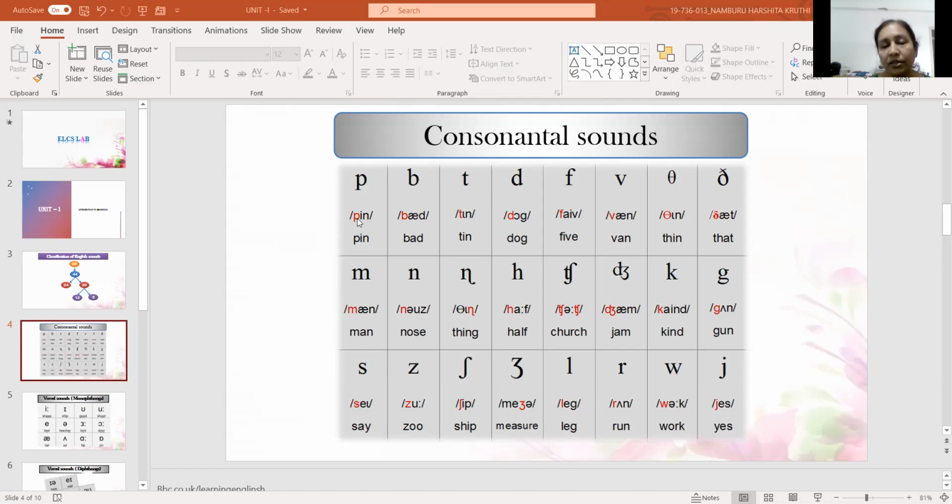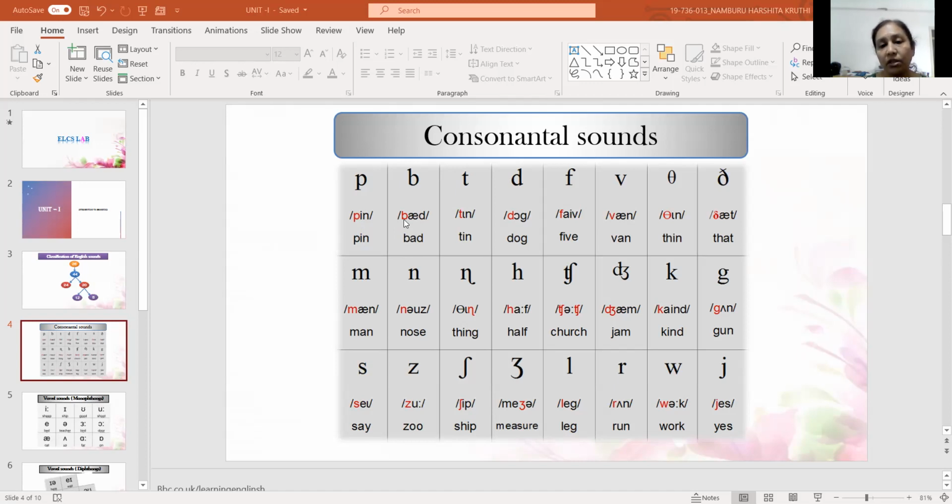It means that it is a symbol for sound P, and it appears in the initial stage of the word pin, right? It can be clear for you if you look at the next word, b, which appears in the word bad. Here you can understand that this is a symbolic representation of the word bad, right?